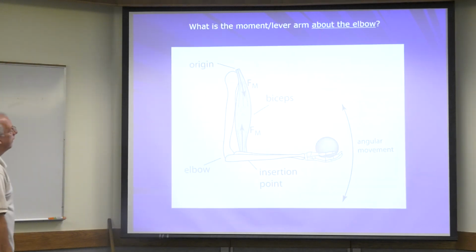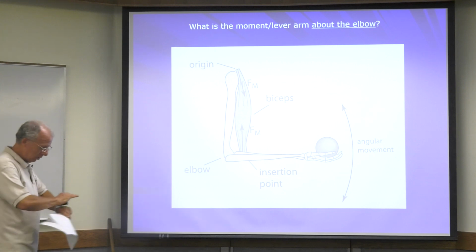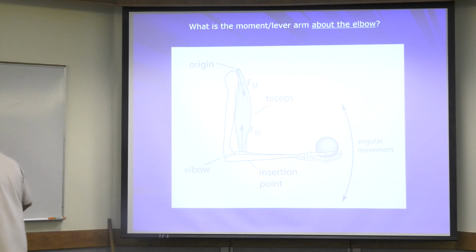Well, here's the question, right? What is the lever arm about the elbow? Because the elbow is the axis of rotation. Agree? Okay, so just use that first equation. Torque equals force times lever arm. What's the lever arm?